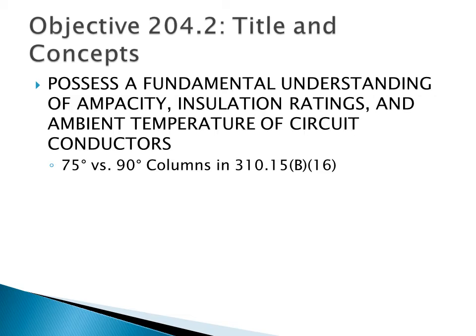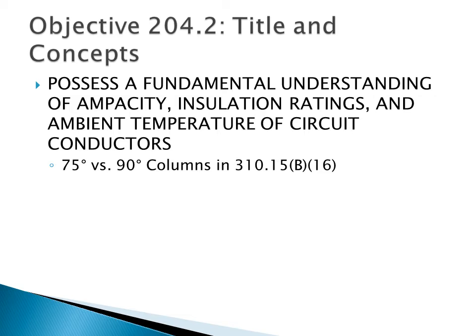The 75-degree column is where we are going to be limited whenever we are sizing conductors in a circuit, meaning if they indicate that there is a circuit going on with a load and an overcurrent protection device, we will be in the 75-degree column.